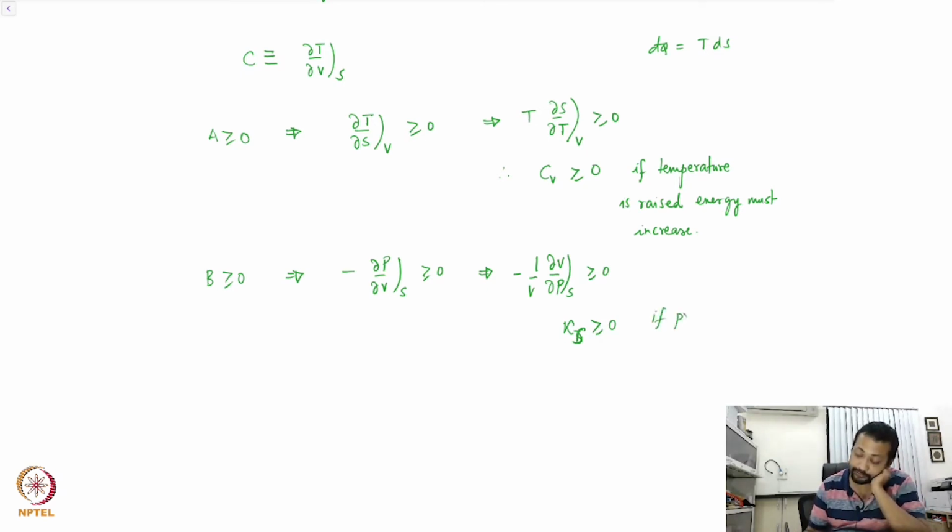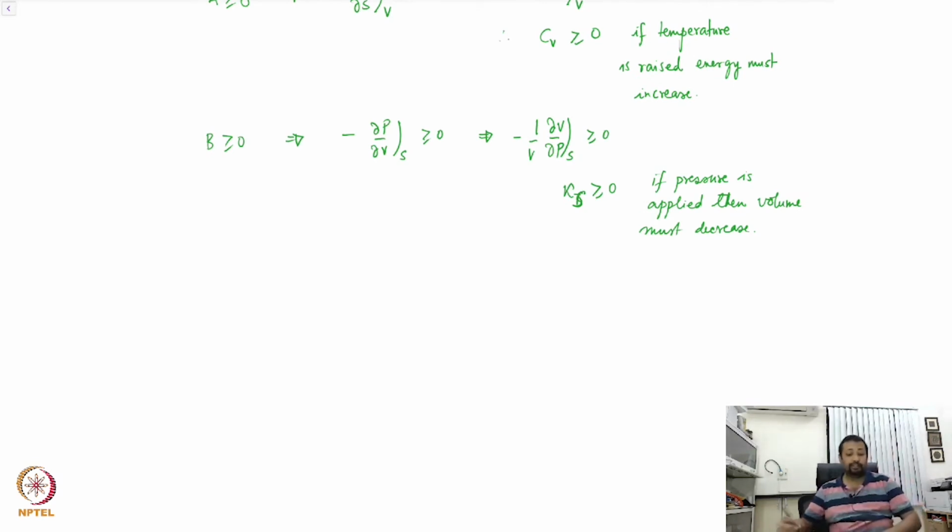So if pressure is applied, then volume must decrease.